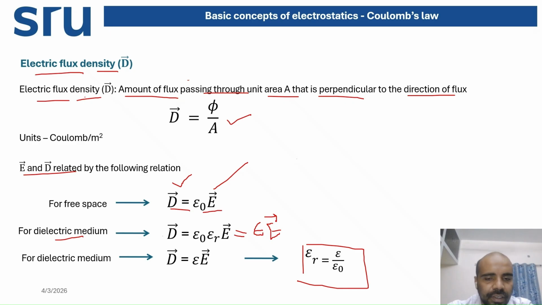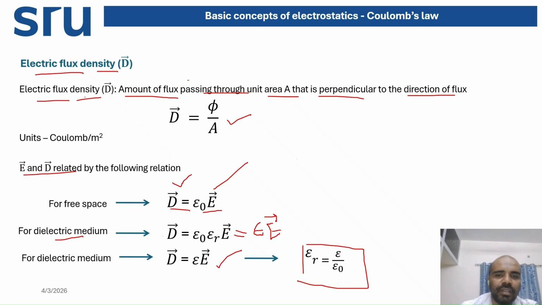So hope it is clear now. So what is electrical flux density? Electrical flux density is the amount of flux passing through a unit area that is perpendicular to the direction of flux, right? And this is the relationship: D equal to epsilon naught E for free space, and for dielectric medium, D is equal to epsilon E, or epsilon naught epsilon R into E, where epsilon R is the relative permittivity, which is equal to epsilon by epsilon naught. Hope it is clear now.